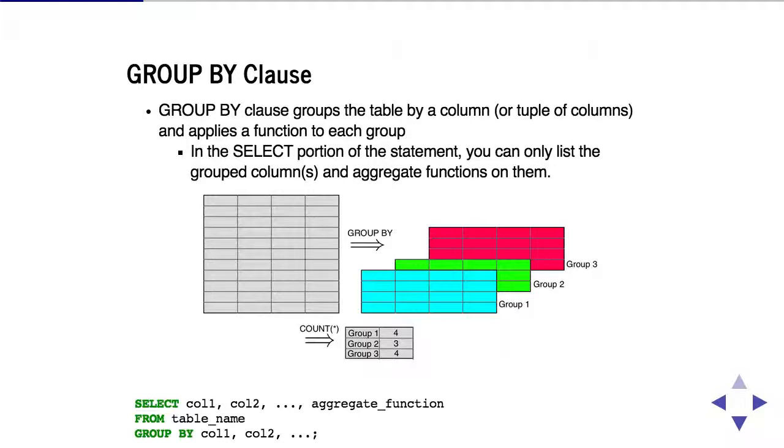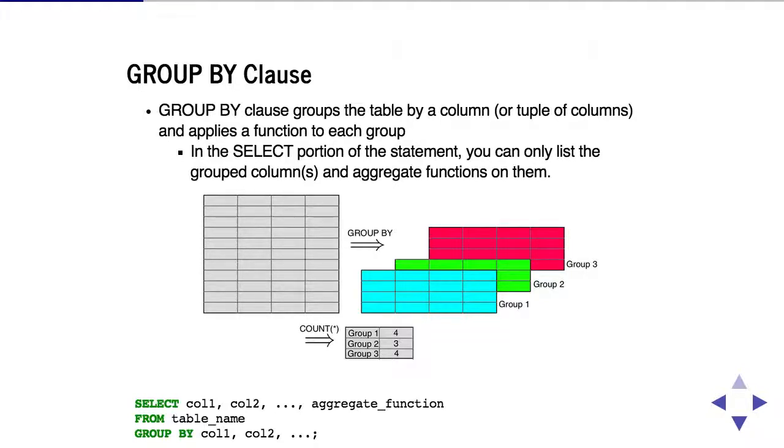So we basically do a select of our columns, and then you could add an aggregation function. You could also do expressions as well. Then for GROUP BY column, you select the columns you want to group by.